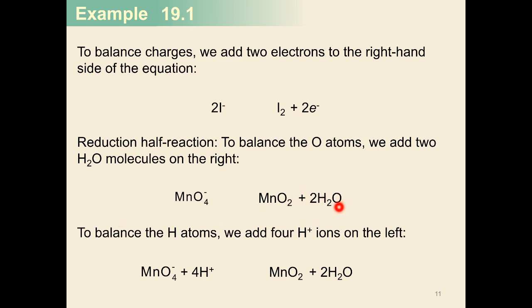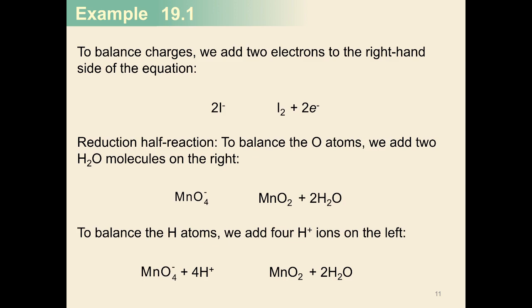You add water on the side that is missing oxygen, because the reactant side has 4 oxygens and the product side has 2. So you add two water molecules to balance the missing 2 oxygens. And then to balance the hydrogens, we just add 4 H+, because we have 4 hydrogens.